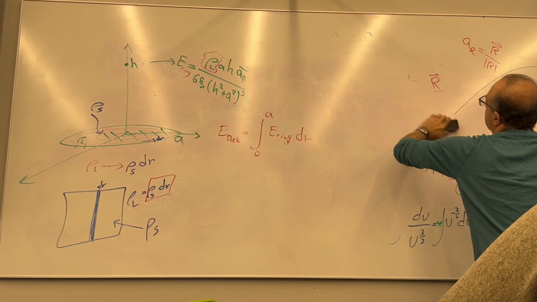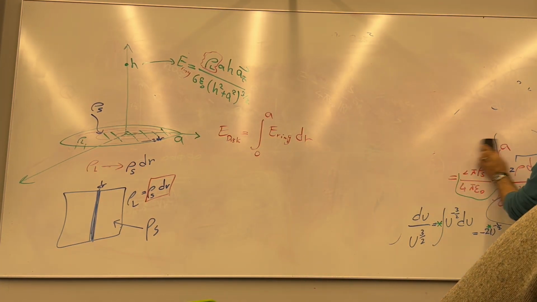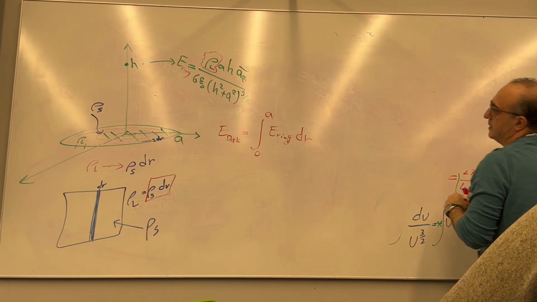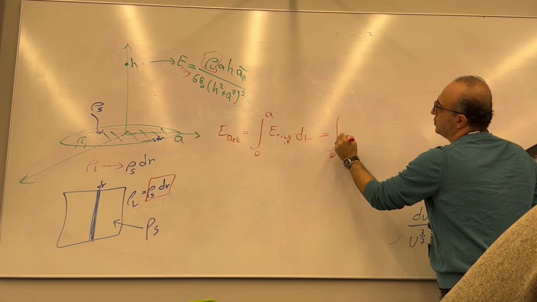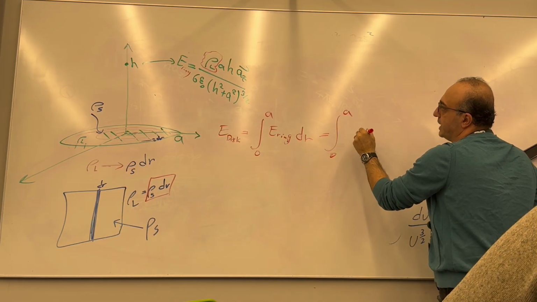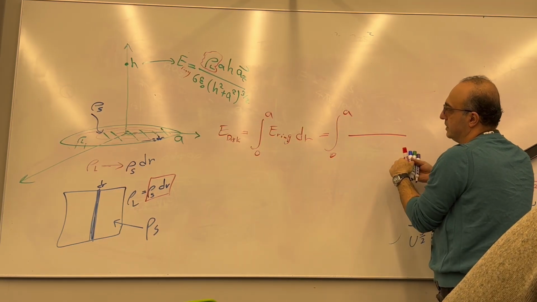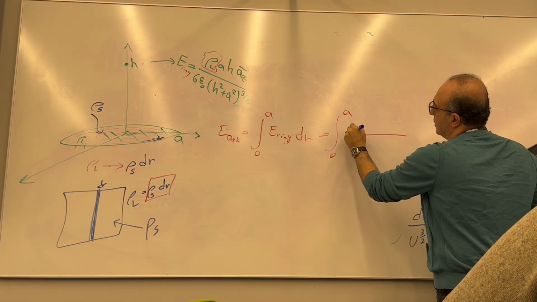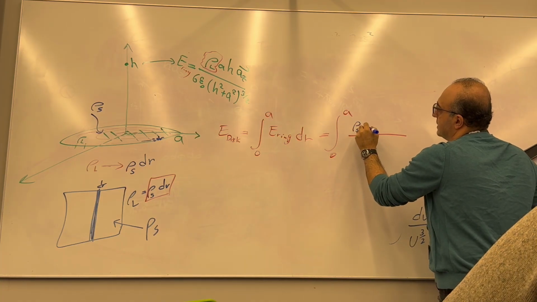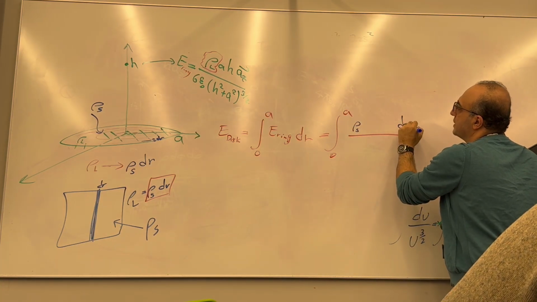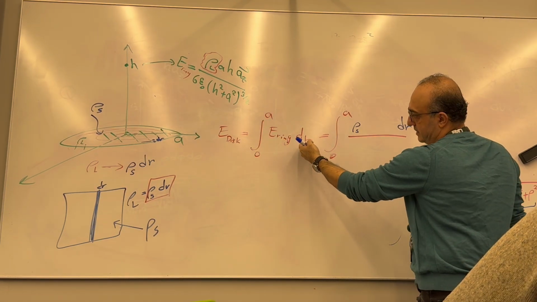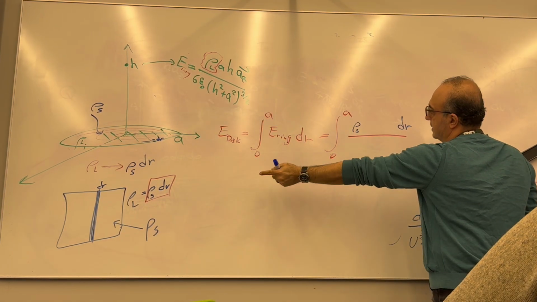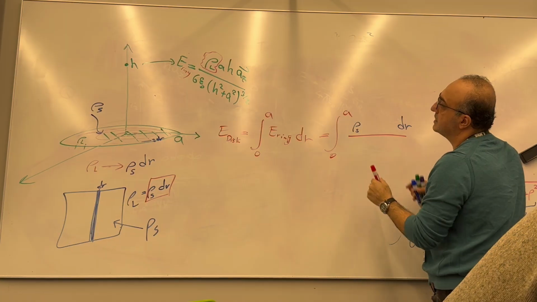Now I'm going to solve from zero to A. Instead of rho L, I put rho S and dr. These two together are rho S dr there. For the rest, same color.